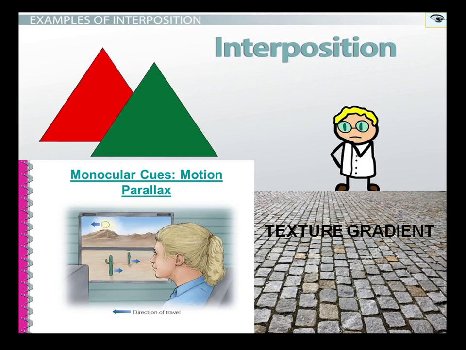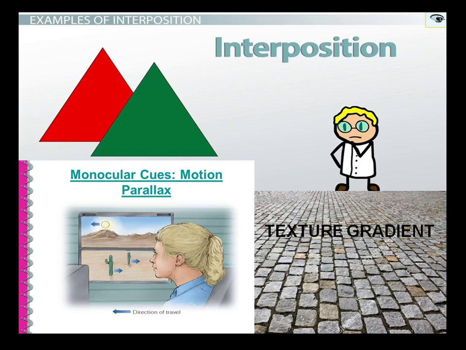And you can even try this out at home. If you have a bricked wall, you could stand at one end of the wall and see the other end of it, and you will actually feel that on the extreme end, the density of elements is greater. But that's not really the case. So this is again a monocular cue.